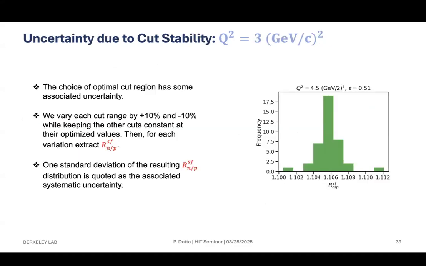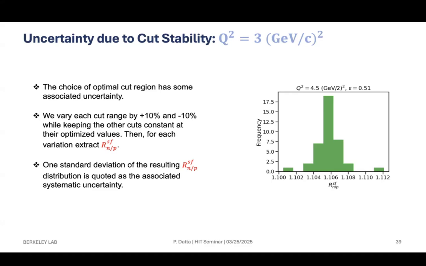And then next, I wanted to talk a little about the cut stability, why we need it. This is because I showed you that we do a rigorous cut optimization study, but nothing tells us that this is exactly where you need to put the cut. So our result can change a little bit with different cuts.